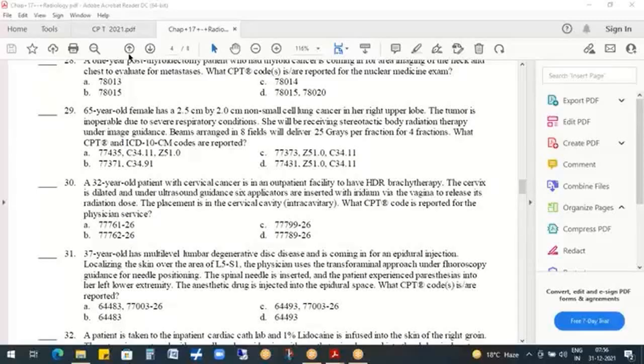Now, radiological guidance. Guidance is of 2 types. First one, ultrasound. Second one, radiological guidance.